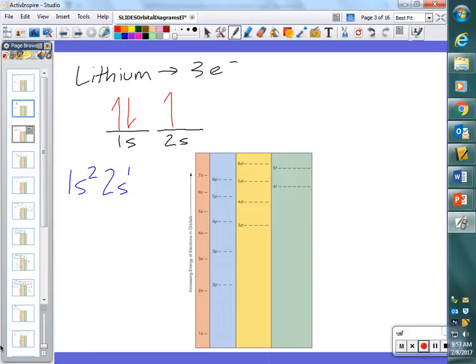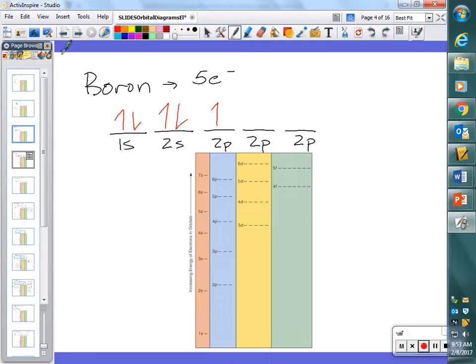Okay. All right. Boron. 1s2, 2s2. Now, what's the next orbital that's filled? 2p. When we were doing orbital diagrams, we drew all three of those p orbitals because they all had the same energy. Electron configurations are shorthand.